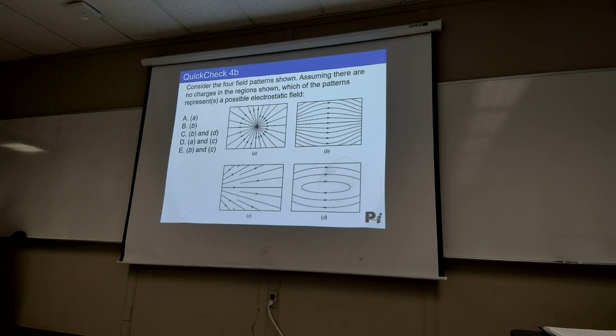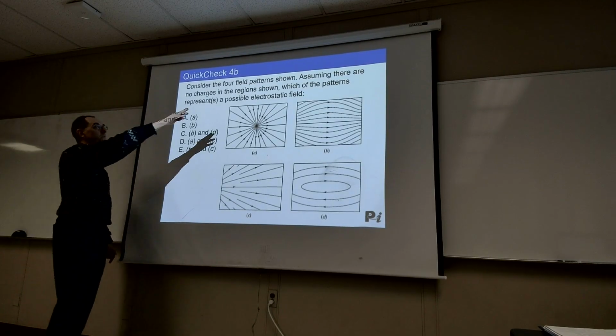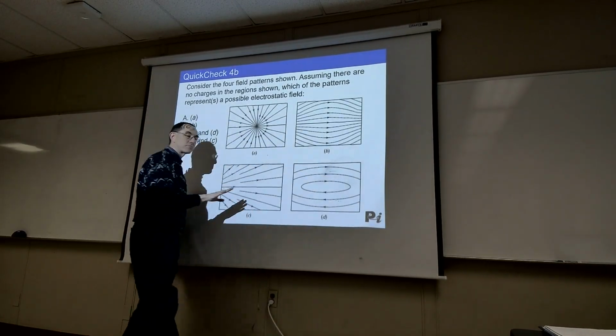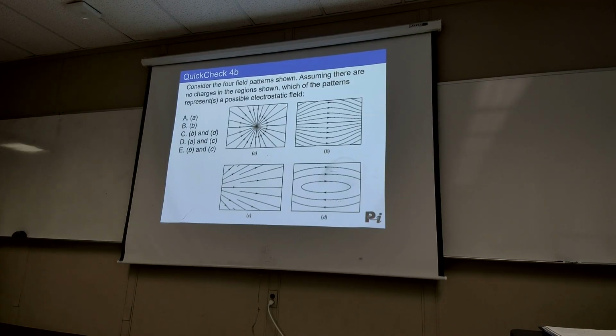In other words, something I could physically, realistically construct in space. The other thing to note is that it's assumed that there are no charges in any of the boxes. So, assuming there are no charges in the region shown, which of these patterns represent a possible, physically realizable electrostatic field?